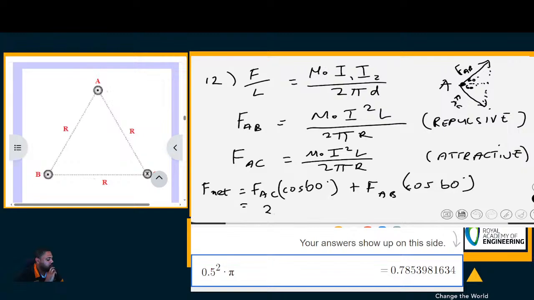Okay. So, it'll just be 2 times, say, AB, which is mu naught I naught L over 2 pi R, and then cosine of 60. But there's a 2 there and there's a 2 there at the bottom. So finally, we need to divide both sides by L because we want it per unit length.